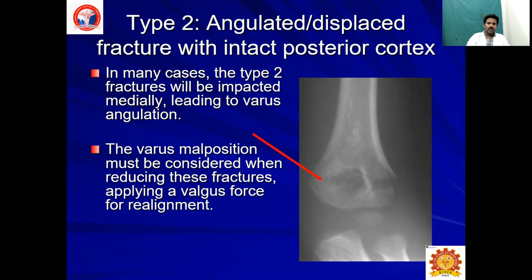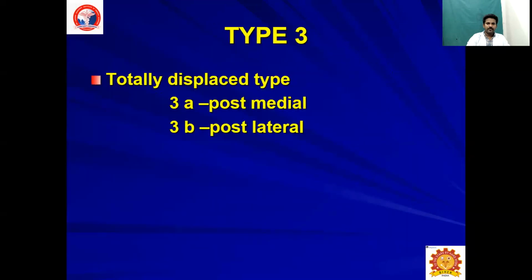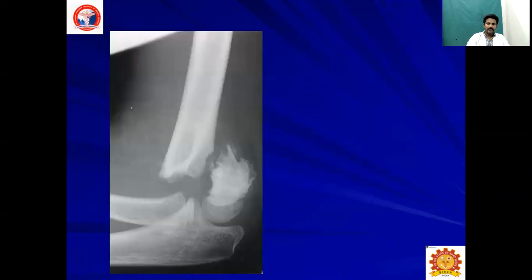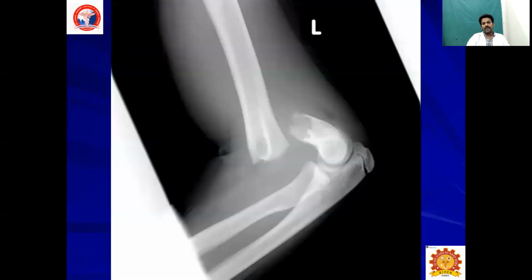The varus position must be considered when reducing these fractures, applying a valgus force for realignment. Total displacement in type 3 is posteromedial or posterolateral. You can see posteromedial and posterolateral fragments.